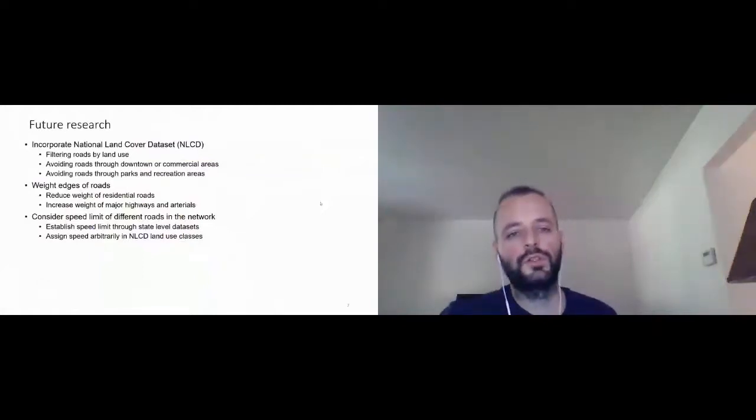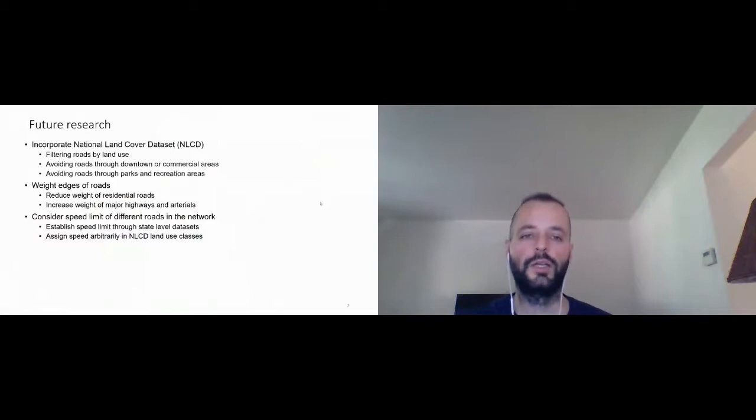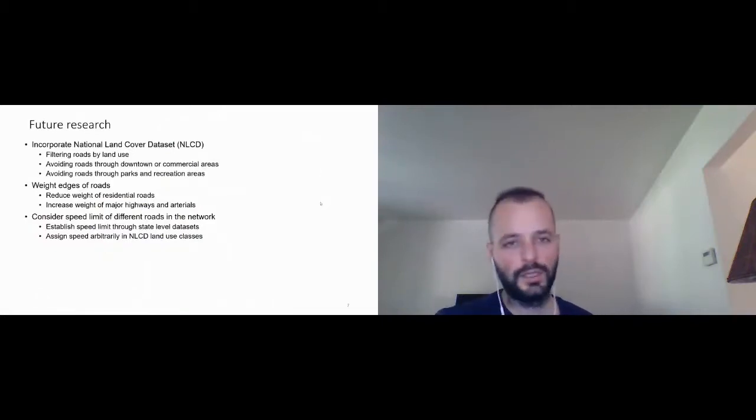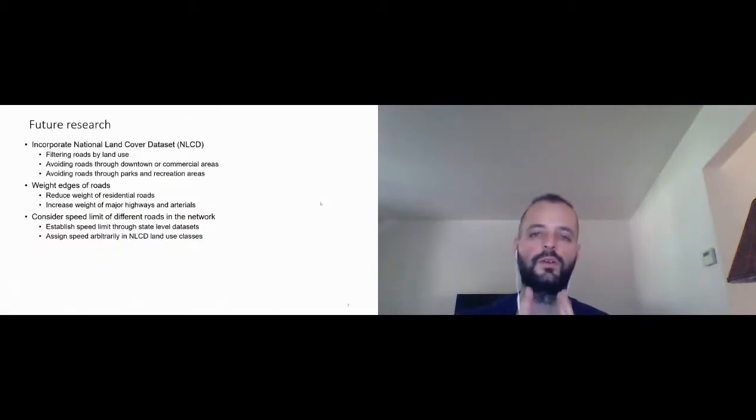Moving on to the future research of this part, we are going to try to incorporate the National Land Cover Dataset in order to filter our roads between commercial roads and roads that we want to take, or roads that we do not want to take, for example, from downtown areas or park and recreation areas.